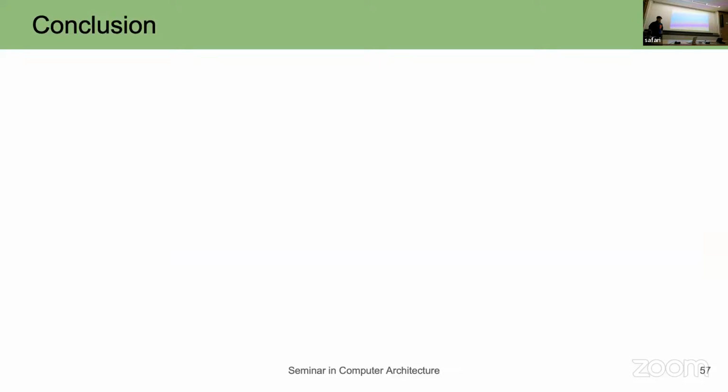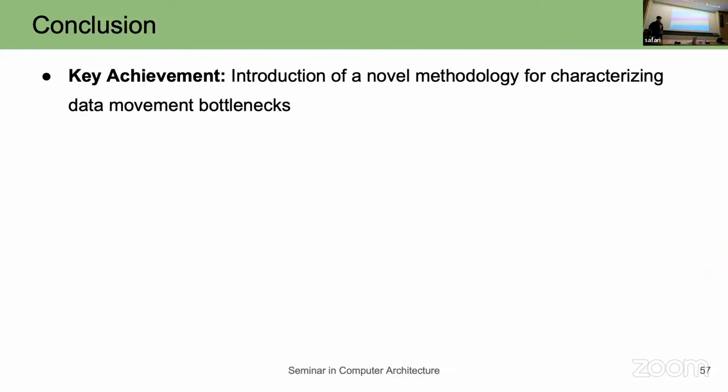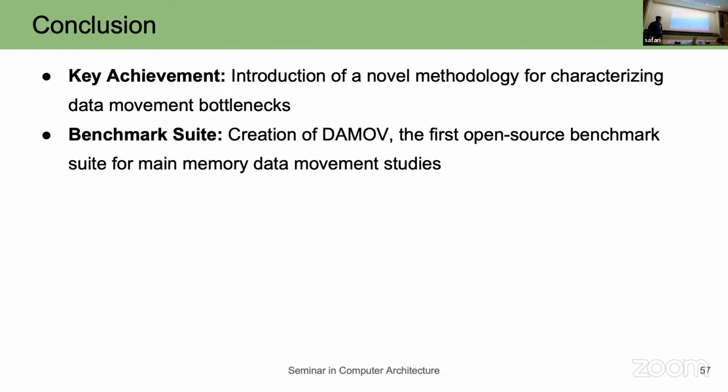For my conclusion, the paper introduces a very novel methodology for characterizing data movement bottlenecks. In the process of this, it creates the DAMOV benchmark suite, which is the first open source benchmark suite for main memory data movement studies.